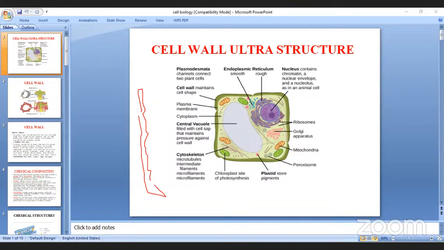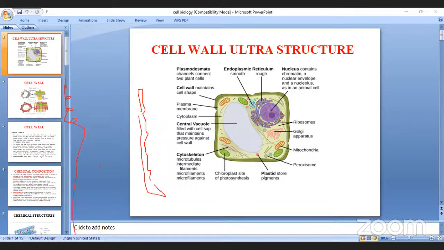These are called chromatid threads. Folding like this is called chromomere, the same structure. If it is a long thread like this, it is chromonema.